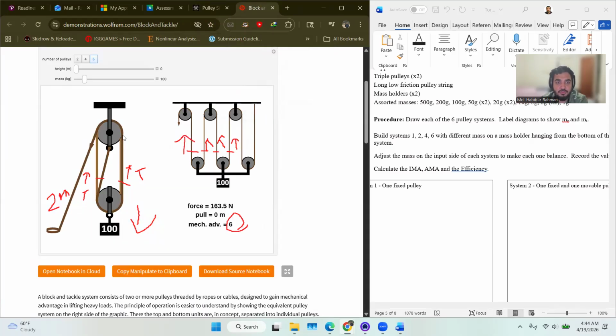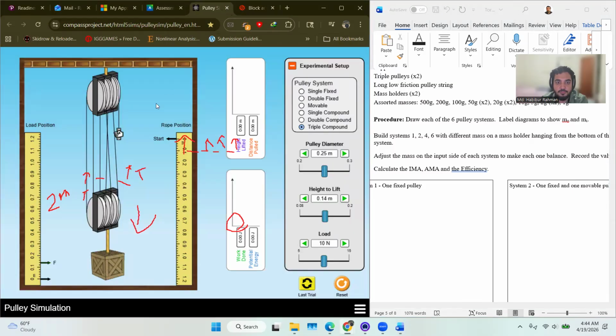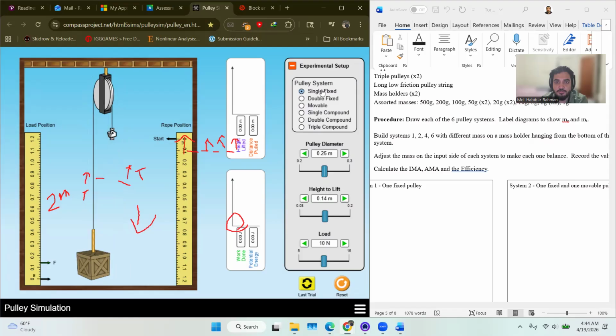Some other way also. It looks like this way, but to understand, we will draw it when there is one fixed pulley. A single fixed pulley here.